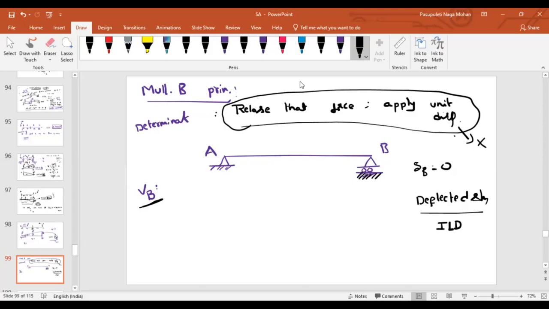Now, here we want to find out the ILD for the vertical reaction at B. So if I don't release that support, what will happen? Will it move along the direction of the force? If I don't remove the support, will there be any vertical displacement at point B?